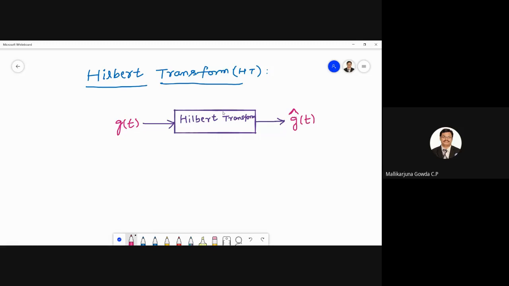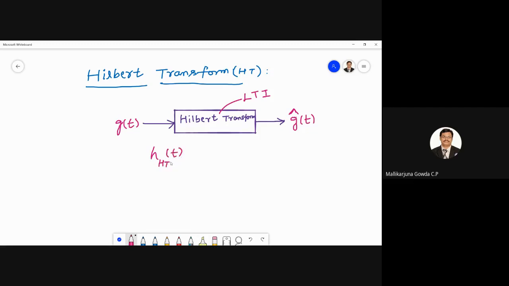So this is the notation which we use to represent the Hilbert transform of a signal. As I said, this system I will be considering as an LTI system, that is a linear time invariant system, and I can represent the impulse response of the Hilbert transform, which I denote as h subscript HT of t.